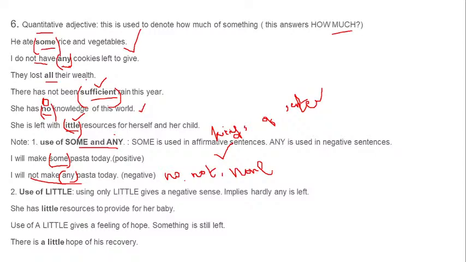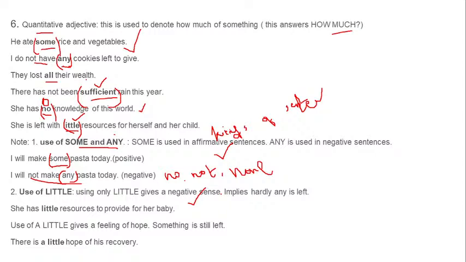Next one is little. Little is also an important quantitative adjective. Use of little, only little, the sense is negative. It's not about the sentence. Sentence and sense are different. The sentence is about the use of no, not, none and any other negative word in a sentence.